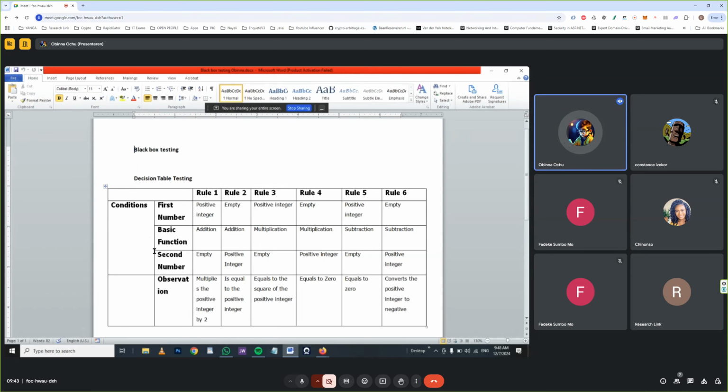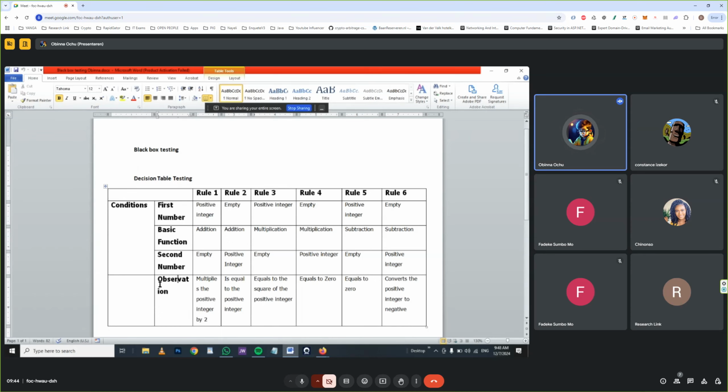Since black box testing only requires us to test based on inputs and expected results, I have a couple of inputs and what I'm expecting to see. But this calculator, we're testing it without requirements, so there was no expectation of what we're expecting to see.